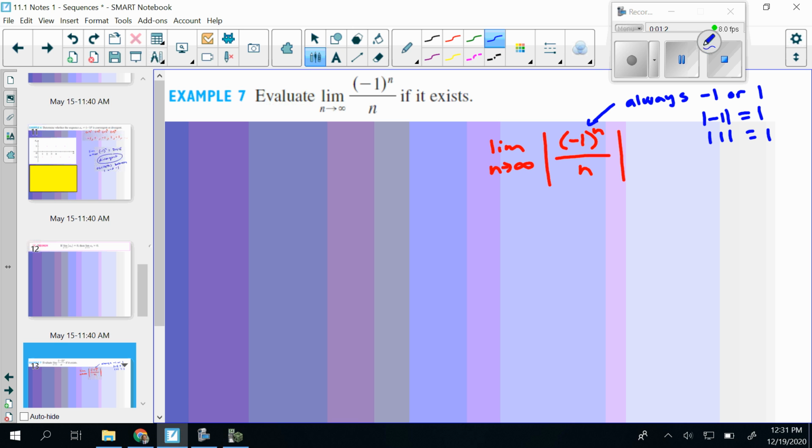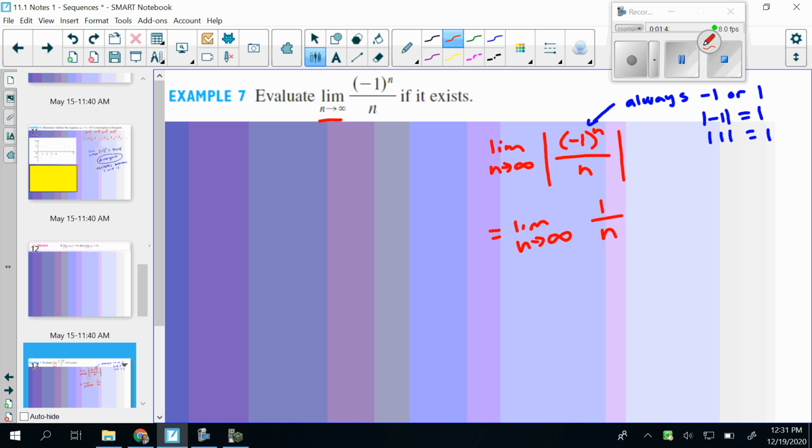And so that limit right there would then just be equal to the limit as n approaches infinity of 1 over n. And for n we don't need an absolute value around it because remember, n is going to be a positive number, so that is always going to be positive.